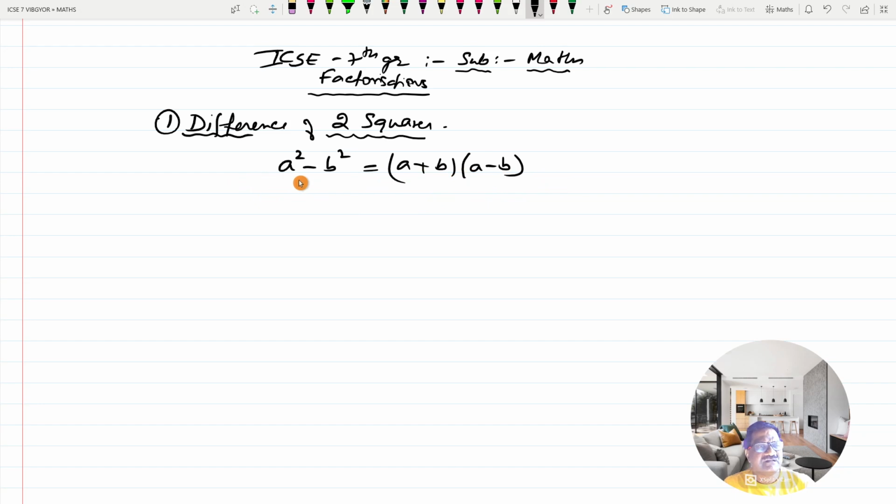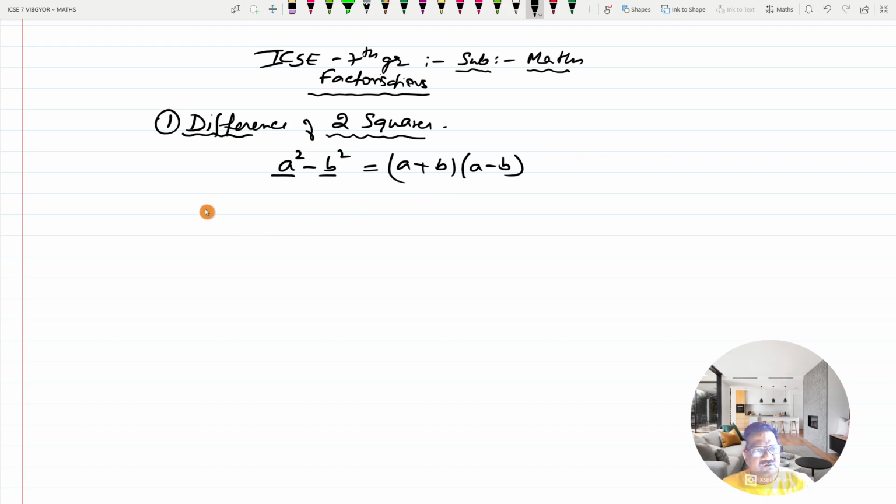Why not? This is a square minus b square, two terms separated by a minus, so it's an expression in difference or addition. And it has been converted into a product of two terms, a plus b times a minus b. Of course, this is factorization. So we are going to use this method for factorization from now onwards.